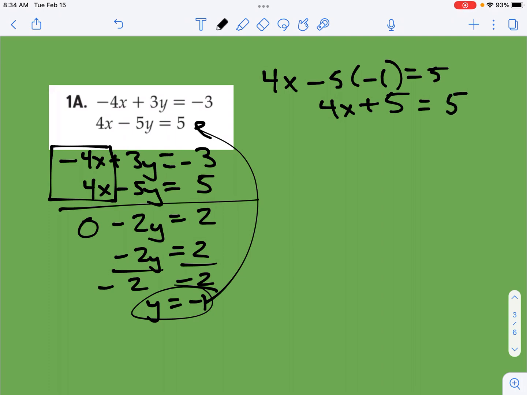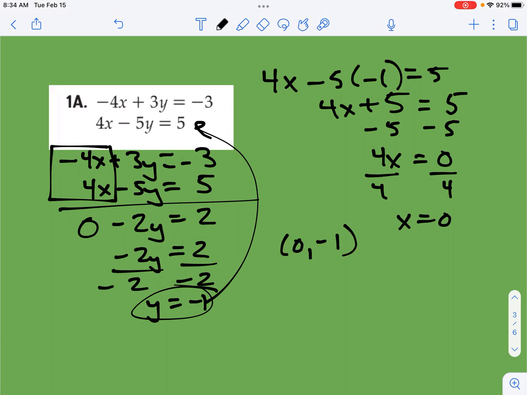Use proper terminology, Mr. Simons. So 4x plus 5, so subtract 5 from both sides. You get 4x equals 0. Don't panic when you see that. That's perfectly normal. Divide both sides by 4, and you get x is equal to 0. So you should get the point (0, negative 1), where these guys meet.